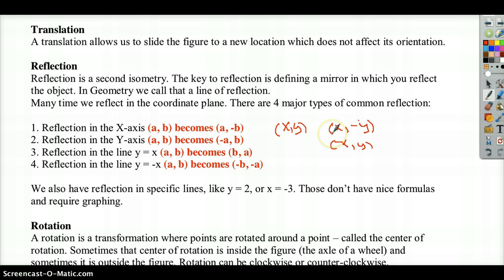If we are reflecting in a line, and the line says y equals x, remember that's just the 45-degree line that runs up through the origin, through quadrants 3 and 1, then a and b, x and y, change places. So this becomes (y, x).